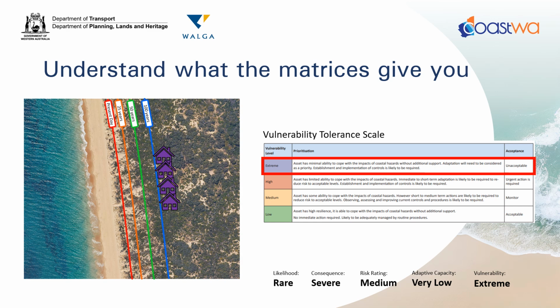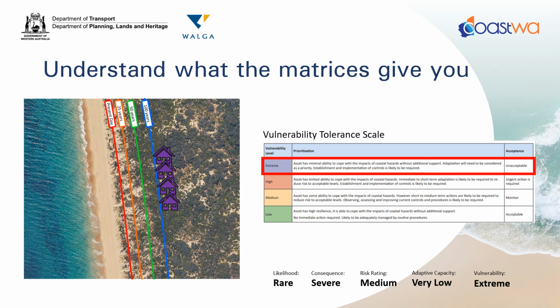So again, just to highlight, it's often worth getting your matrices and going through a few hypothetical scenarios to make sure that there's not a bias that's going to mean that you're rating anything too high.